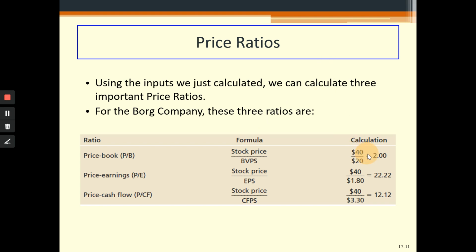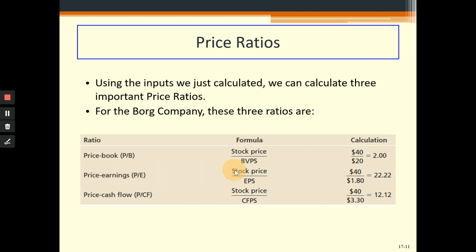This stock price was $40. So 40 divided by 20, which was the book value per share. Remember, both numerator and denominator are in terms of per share. So the price to book value ratio is 2.